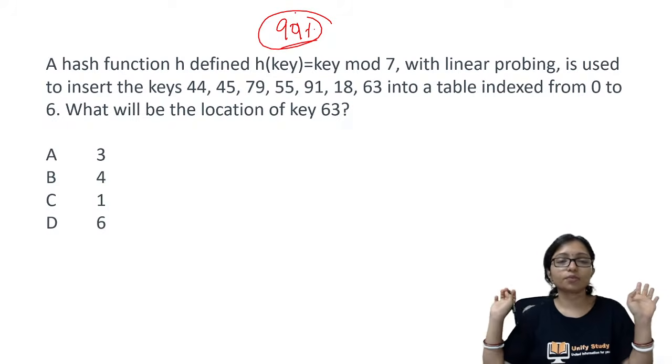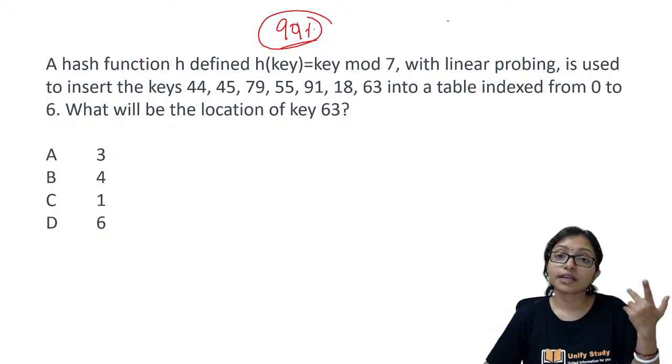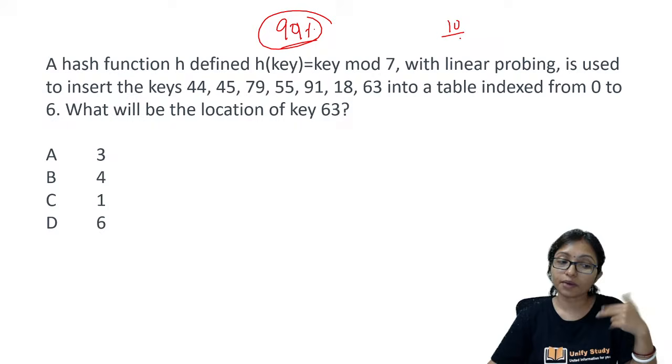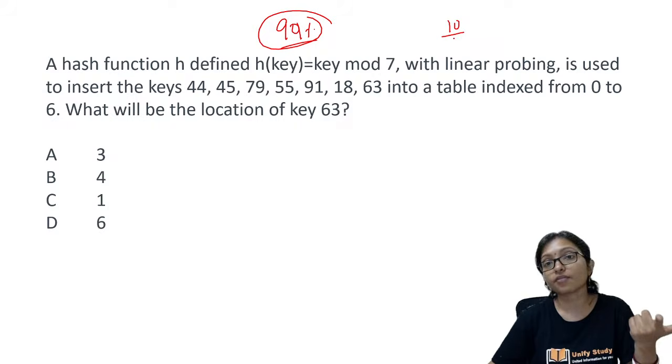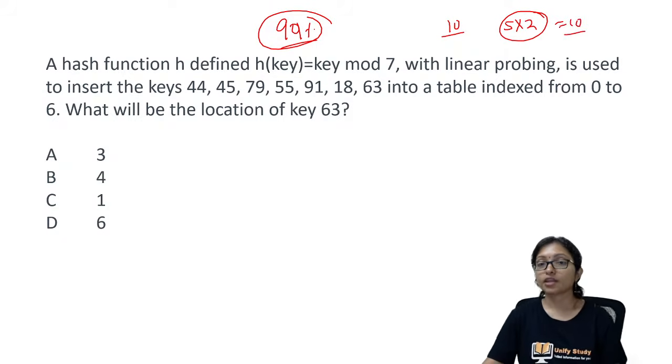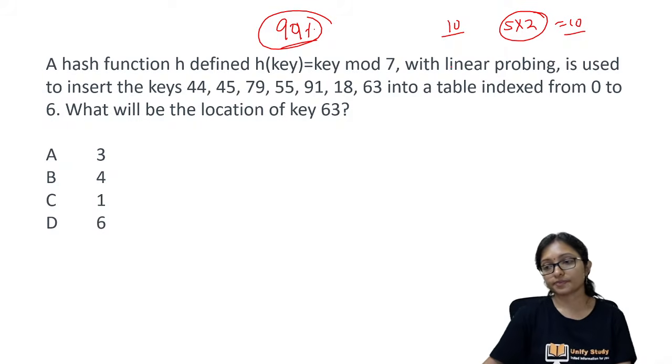It is very important, a 10 marks question. Through linear probing I will show you how they can frame the question and ask you 5 consecutive questions, so that 5 into 2, 10 marks can be here. Do this one.